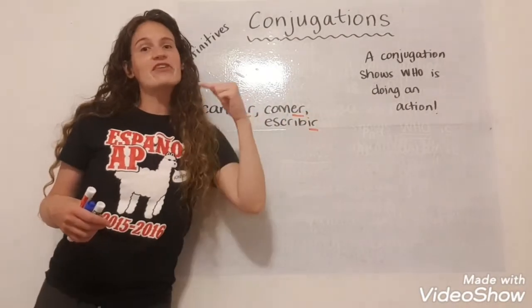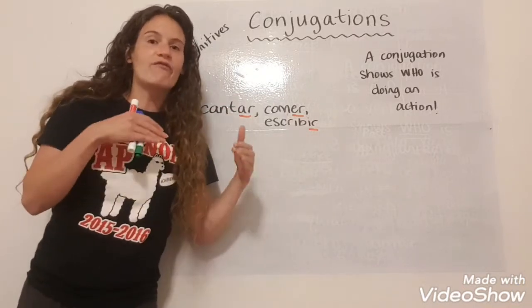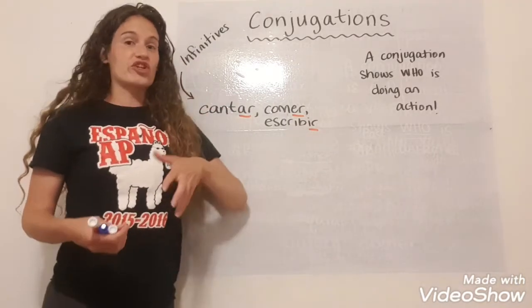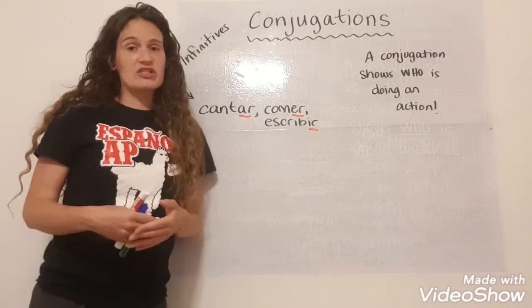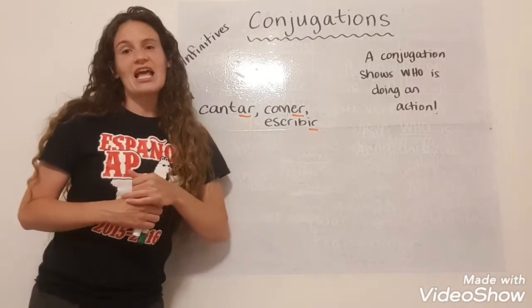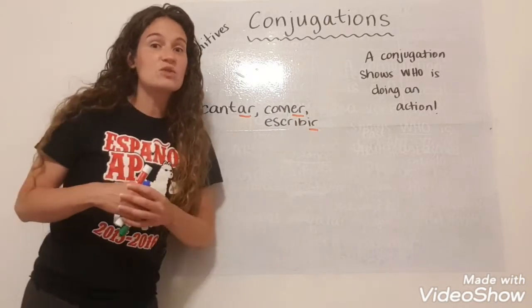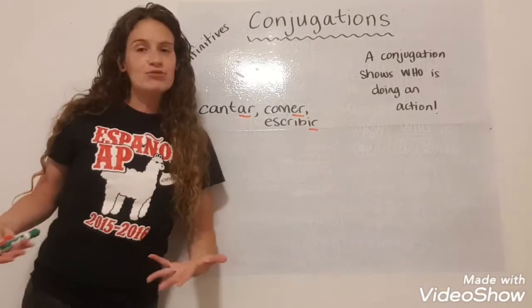That means that every single pronoun in Spanish is correlated to a verb ending. So there's certain endings that go with yo, which means I. There's certain endings that go with tú, which means you. There are certain endings that go with nosotros, which means we. You can look at the ending and you can always tell what the subject is.